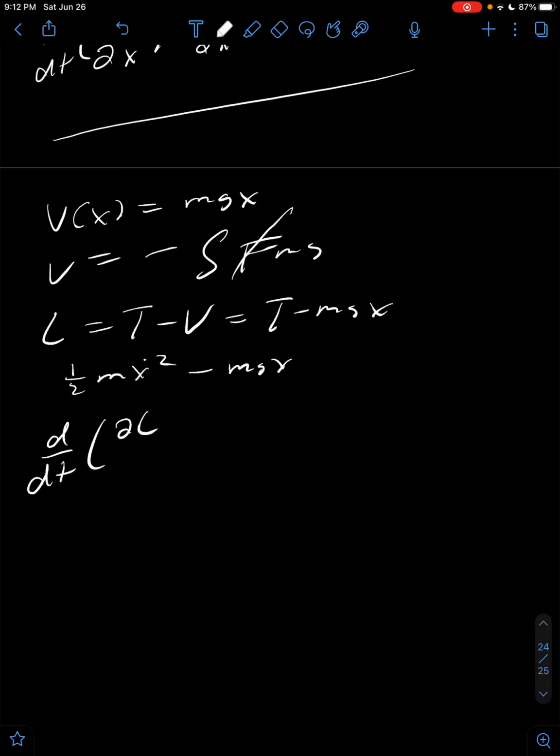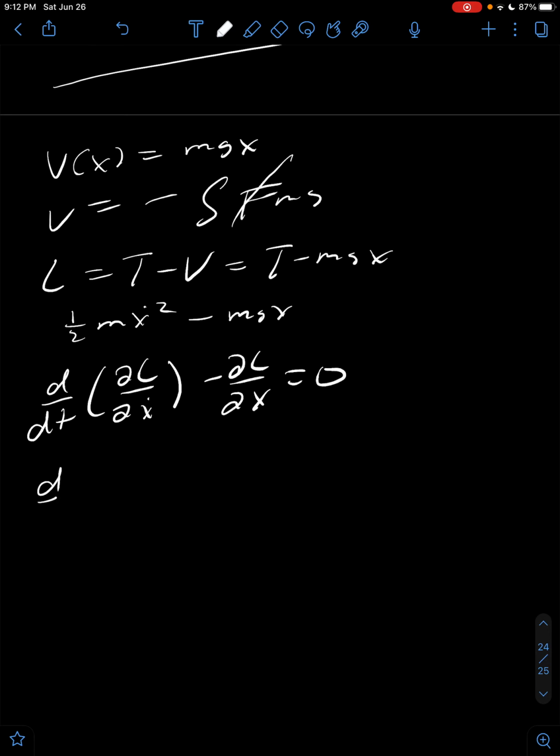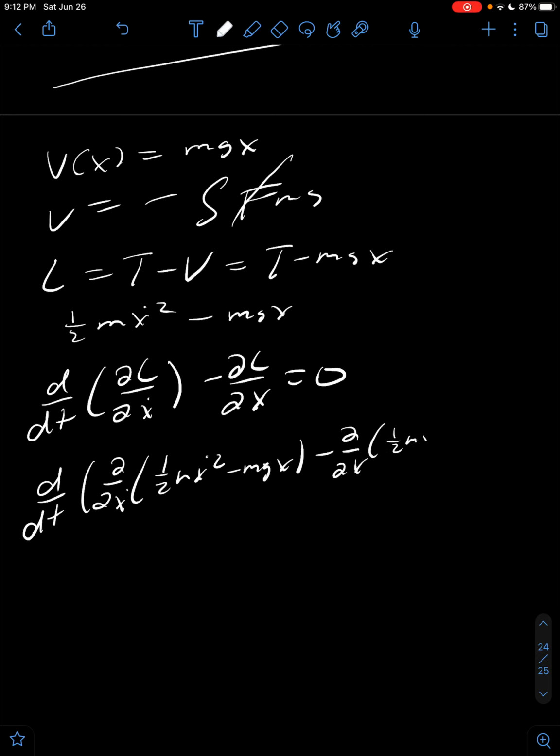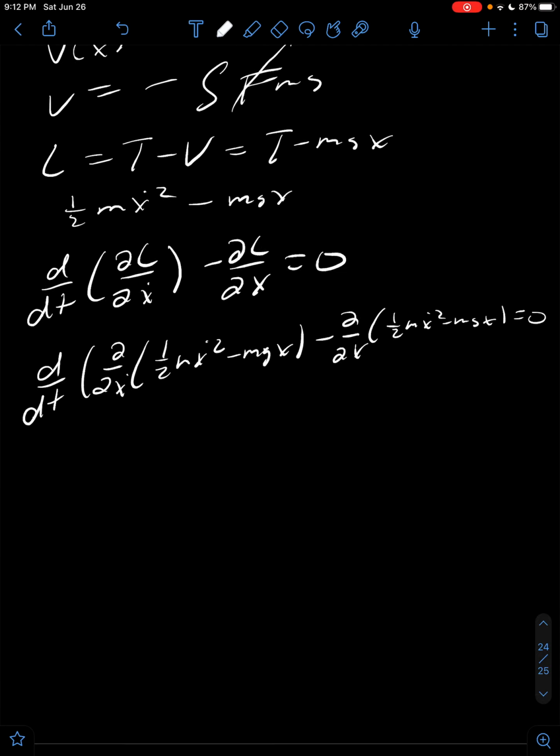Now, we have the Euler-Lagrange equation, which is this. So we just plug in the Lagrangian here, which is 1/2 m x dot squared minus mgx, equals 0. So what now?